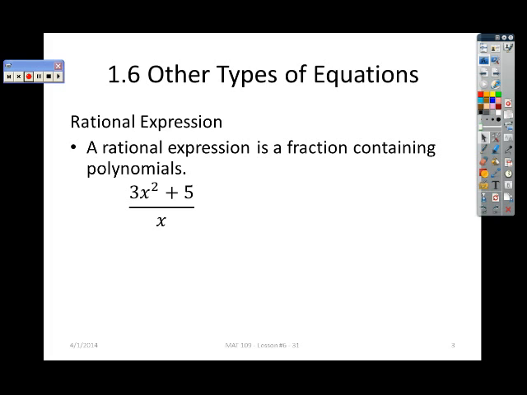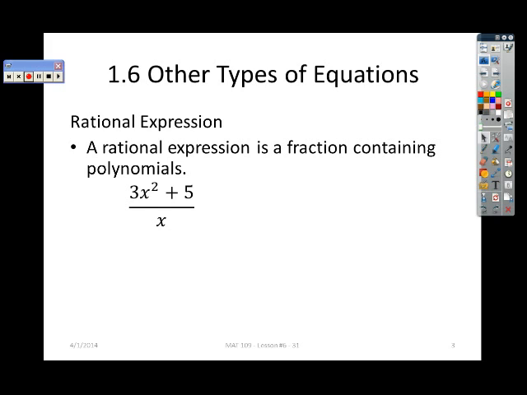So those types of rational expressions don't require anything special. So I'm going to limit myself to working with rational expressions where there's a variable in the denominator. That's where something additional must take place, besides just the normal calculations.